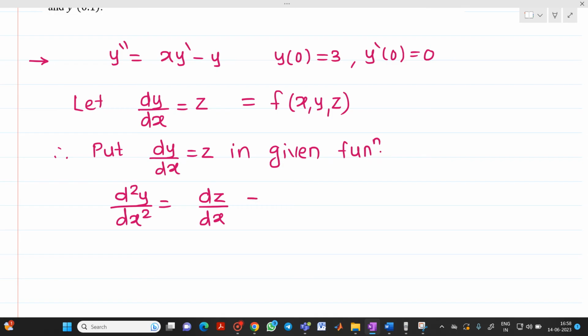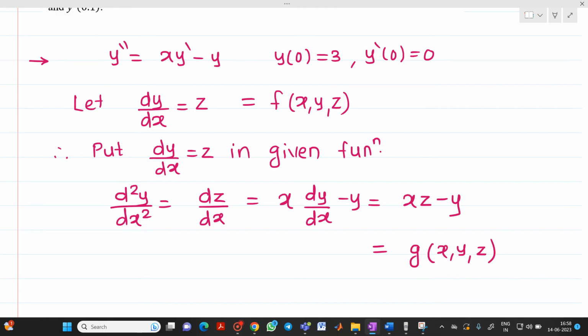This is equal to x in place of y dash, that is dy by dx, minus y. So in place of this we put dy by dx equal to z. So d square y by dx square will be equal to xz minus y. Let us consider this as g of x comma y comma z.